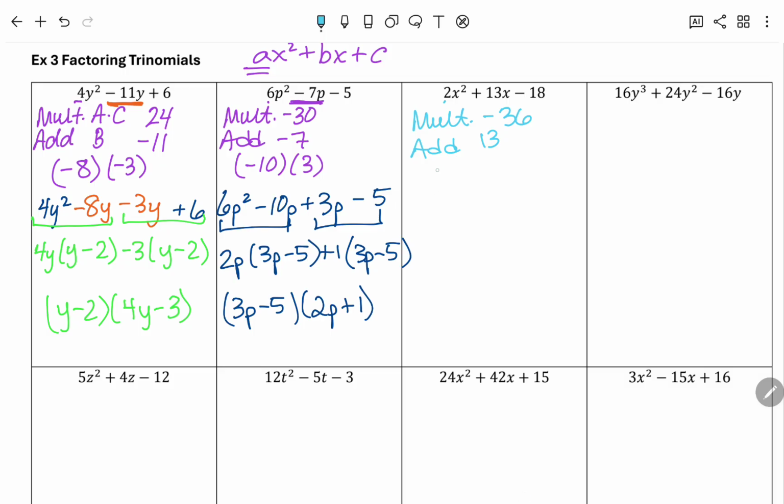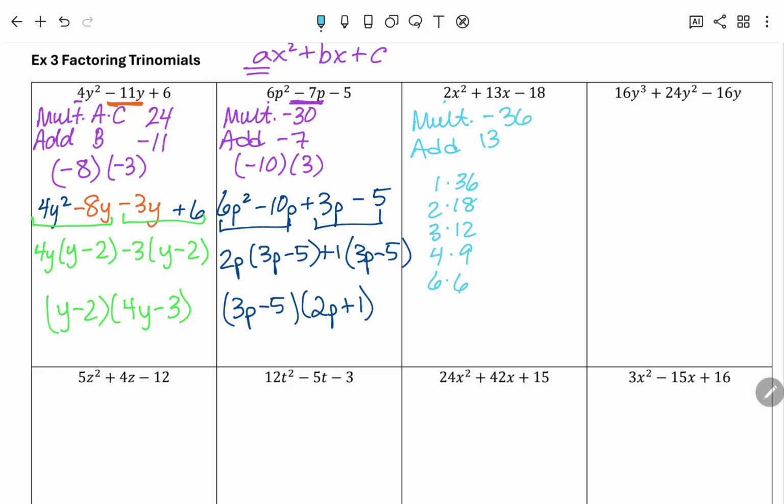For the beginning, I just don't worry about the signs, and I just say to myself okay, 1 and 36, 2 and 18, 3 and 12, 4 and 9, 5 doesn't go in, 6 times 6. Those are my list of factors to make 36.